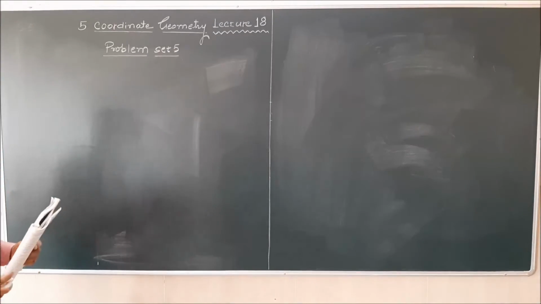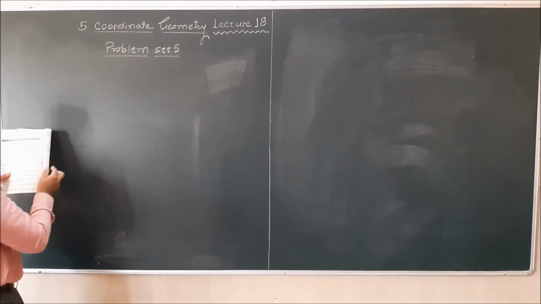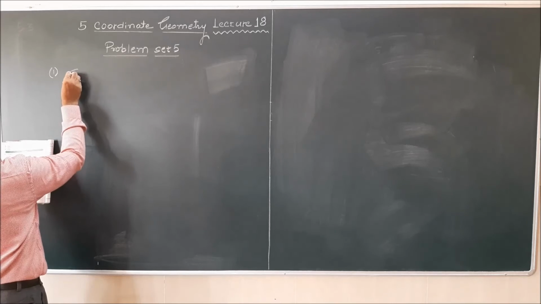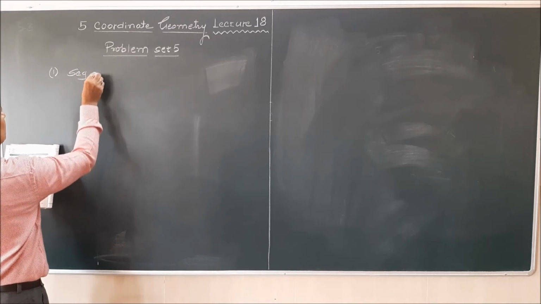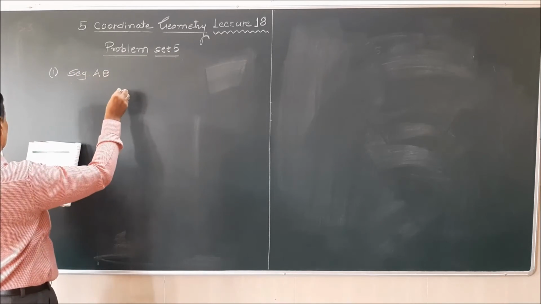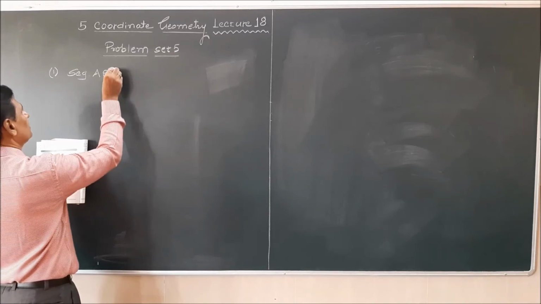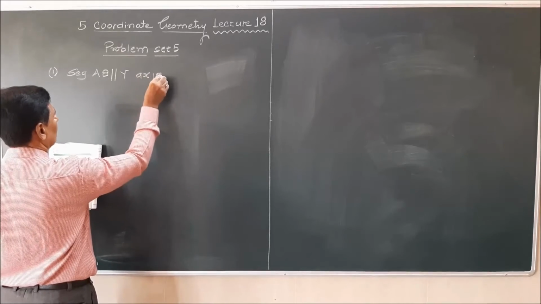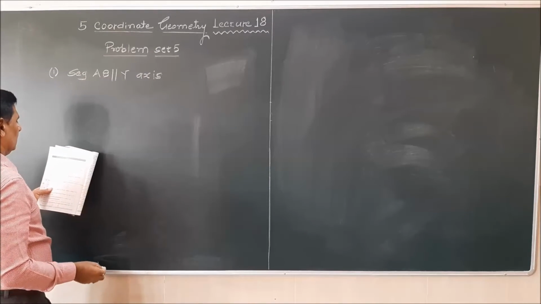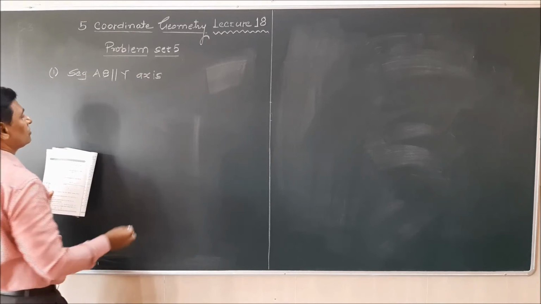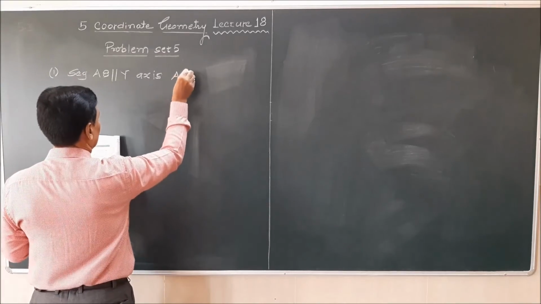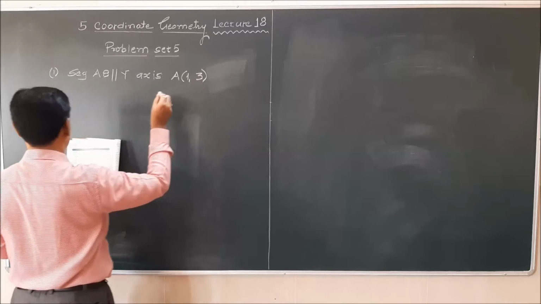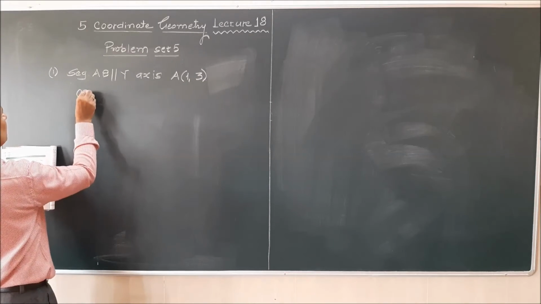Problem set 5. Okay, the first question is here. Segment AB is parallel to the y-axis. Then the coordinates of A are (1, 3).